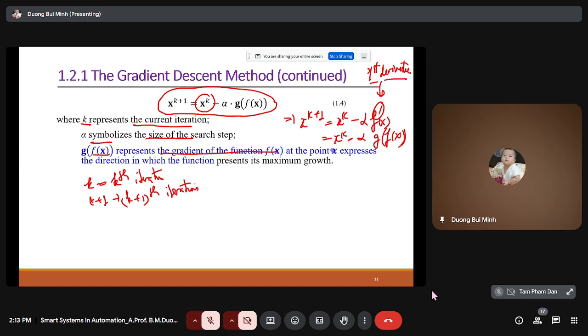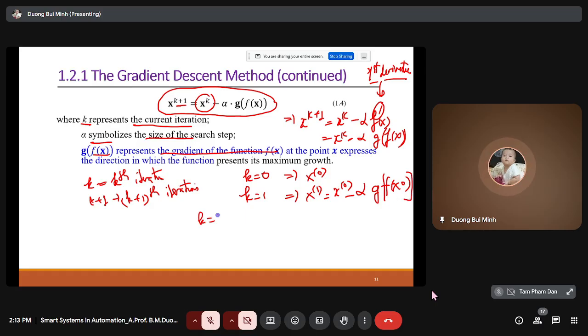At the beginning, k is 0, so you can guess x0. If k is 1, you get x1 is x0 minus alpha g f(x0).